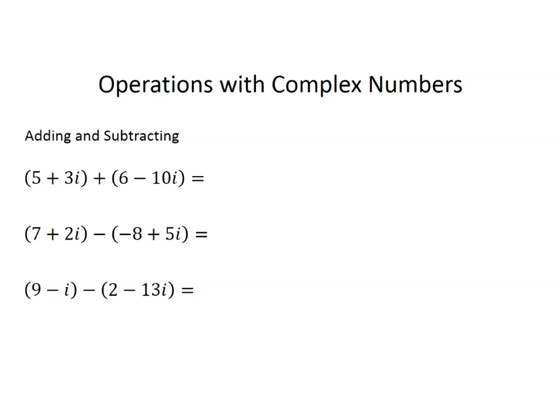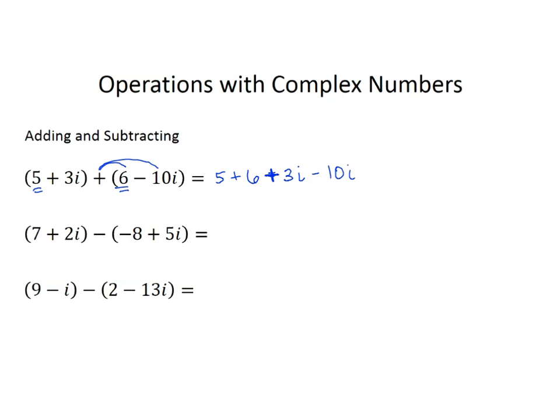So for this first one, we've got a 5 and a 6, and we can get rid of the last set of parentheses. We can distribute this plus sign, but that's not going to change anything in terms of our signs. So we would have 5 plus 6, and then we would have plus 3i and minus 10i.